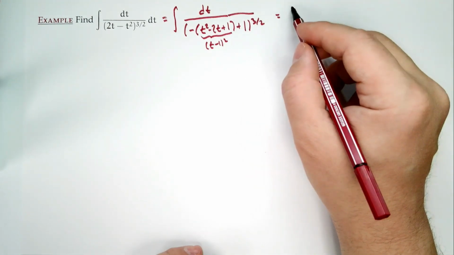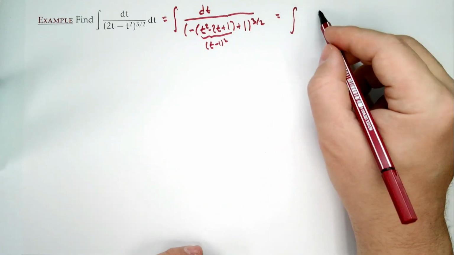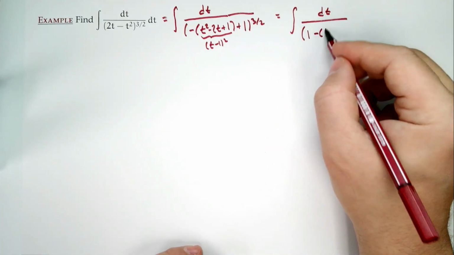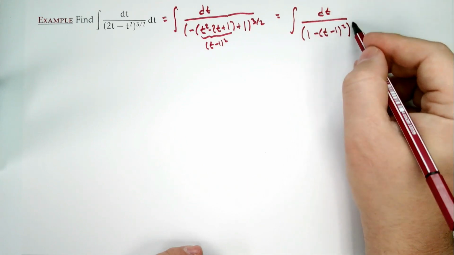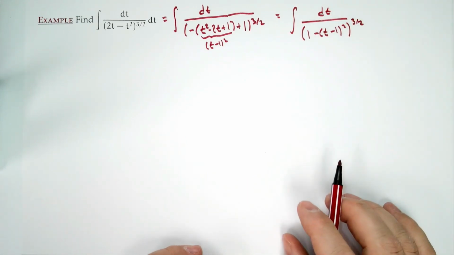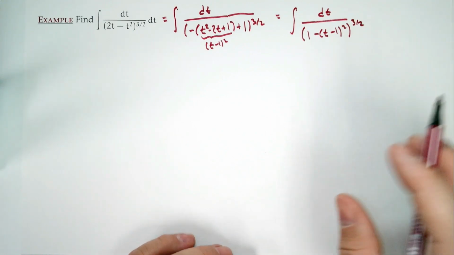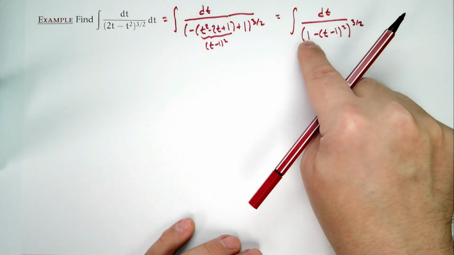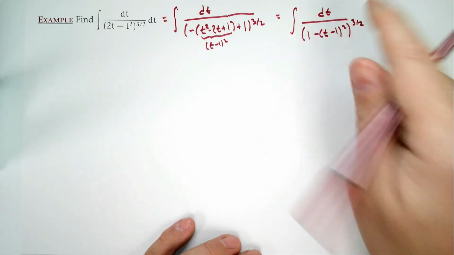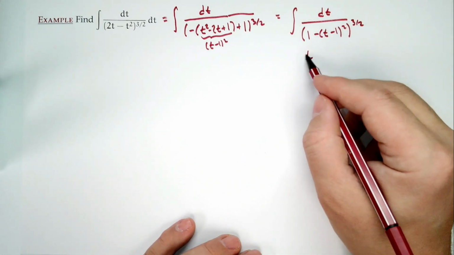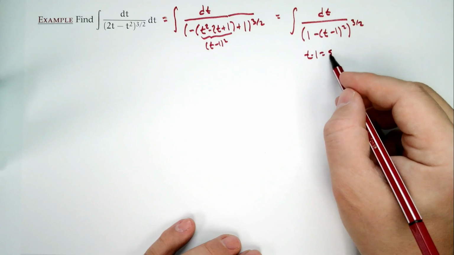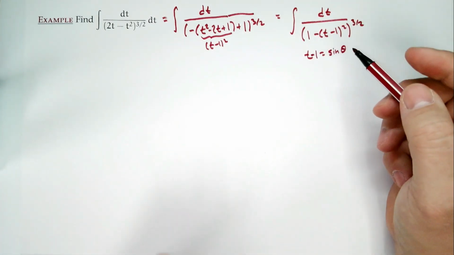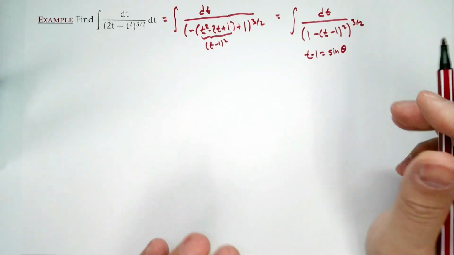So we have that this is the integral dt over 1 minus t minus 1 squared to the 3/2 power. Now from here, we're saying, okay, good. This is what? Well, it's a number squared minus variable squared. So this is another sine. So again, we always go with the sine first. We only reach for a cosine if sine leads to some strange integrals that we don't like involving cosecants and cotangents.